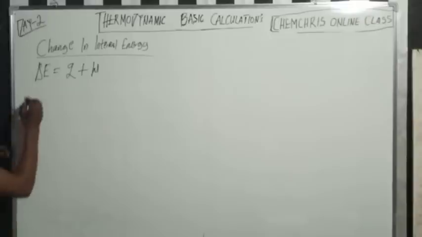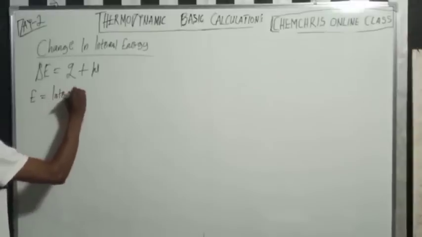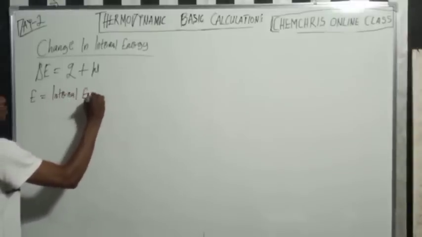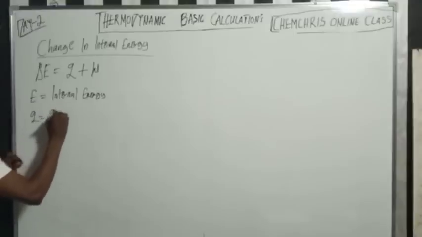This is called internal energy. Q is called the quantity of heat.